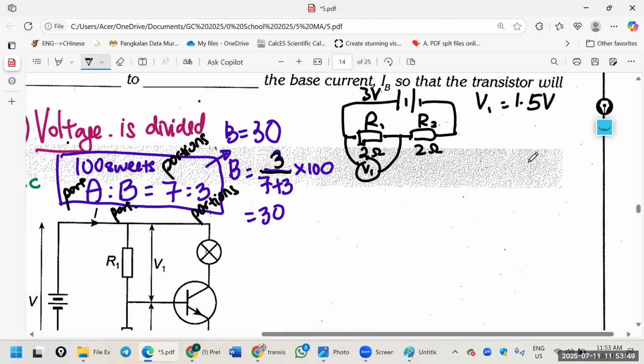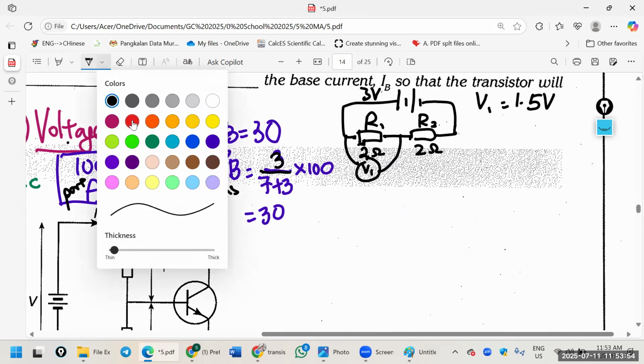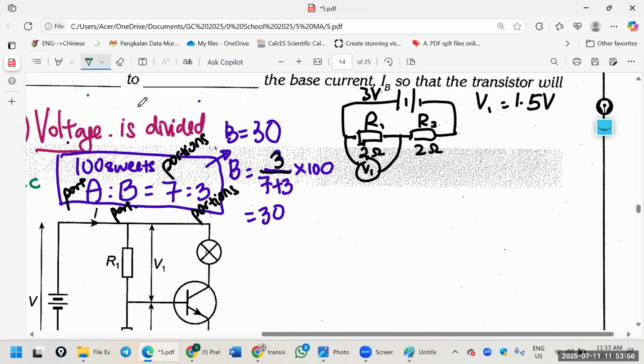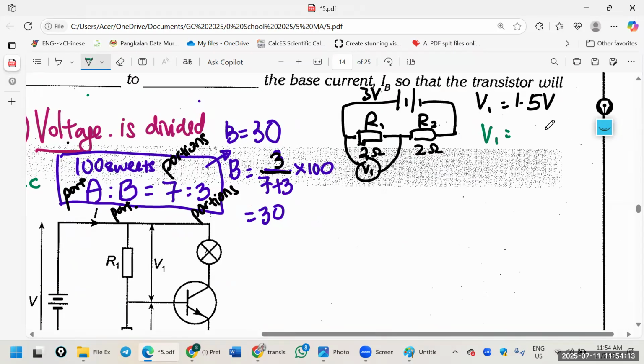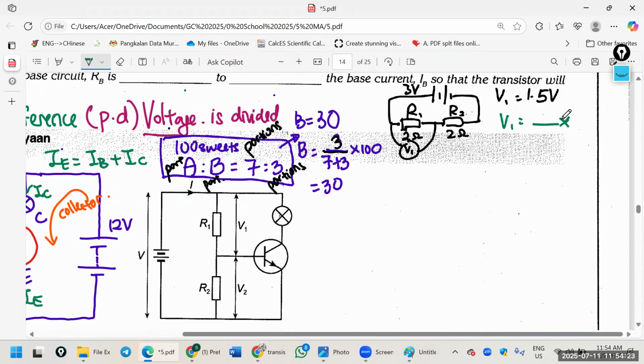How do we do that? I want the ratio and proportional one.